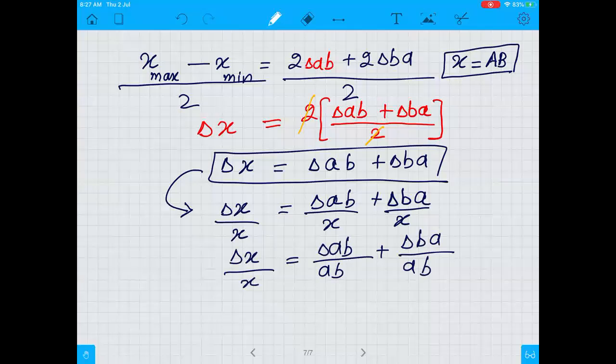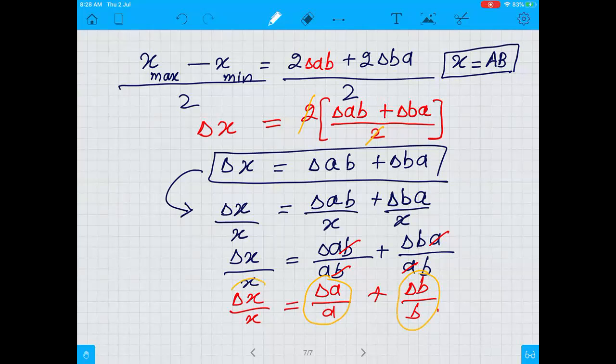Now you see this b will be cancelled with this b, this a will be cancelled with this a, and the final formula would become delta x over x is equal to delta a over a plus delta b over b. Now if we read this formula in the simplest form, if two values are multiplied, then fractional uncertainties of those two values are added to find the fractional uncertainty of the answer.